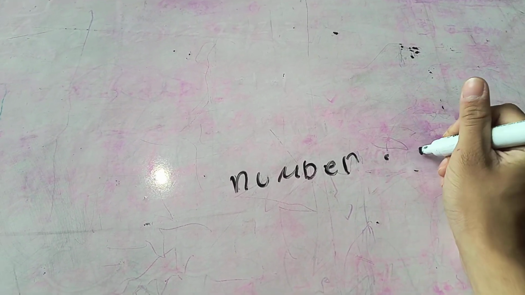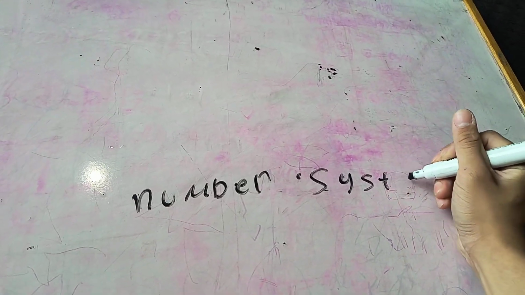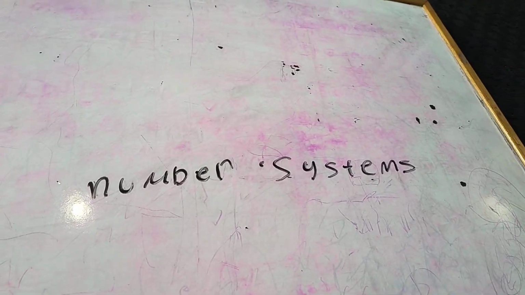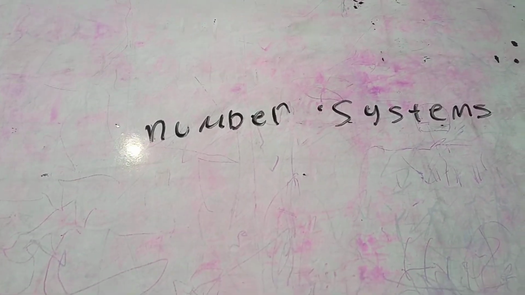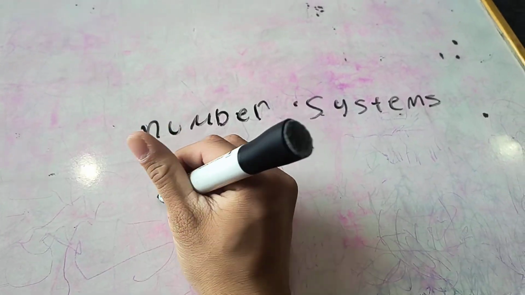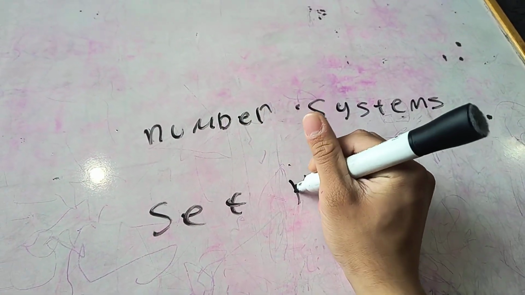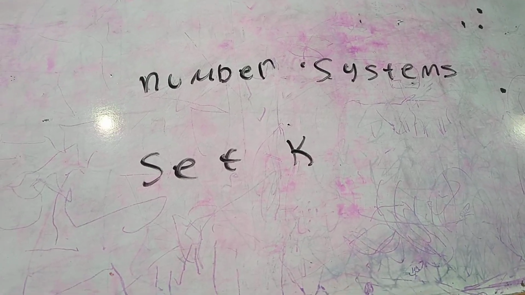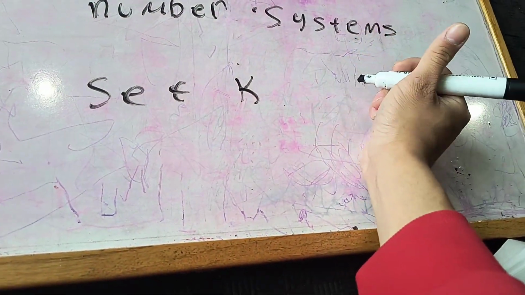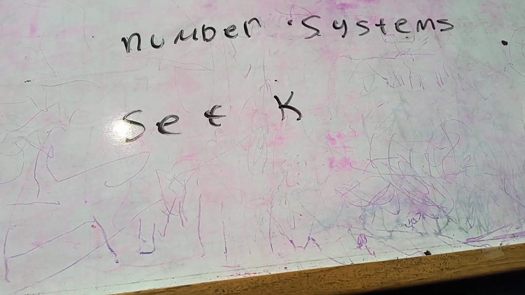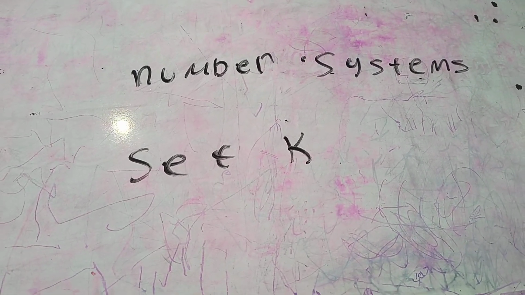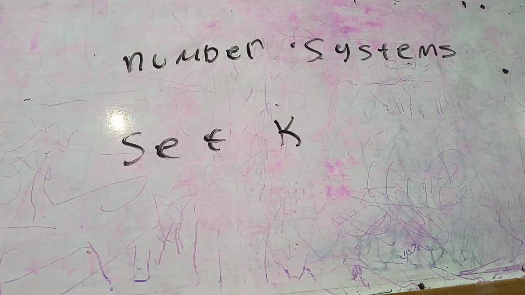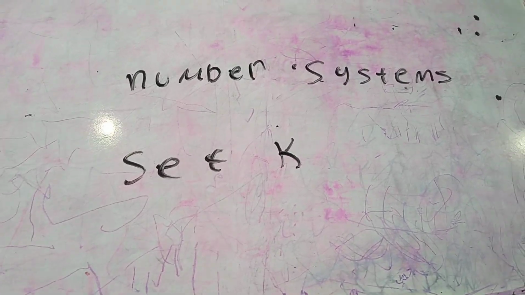By number system or number field, we mean any set K of objects, called numbers, which when subjected to the four arithmetic operations give elements of K.